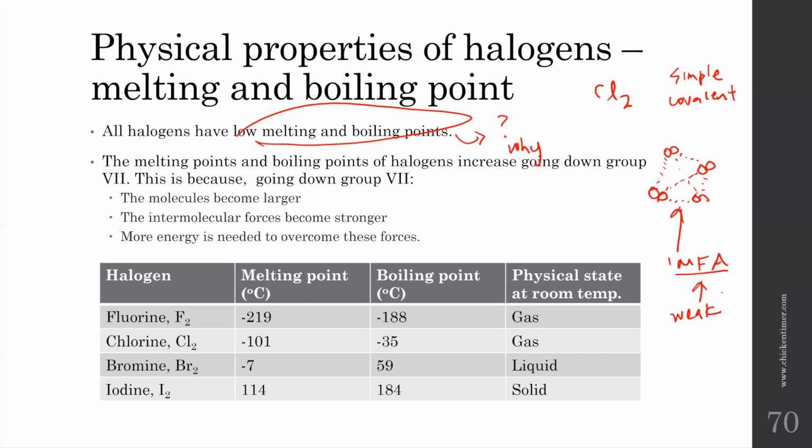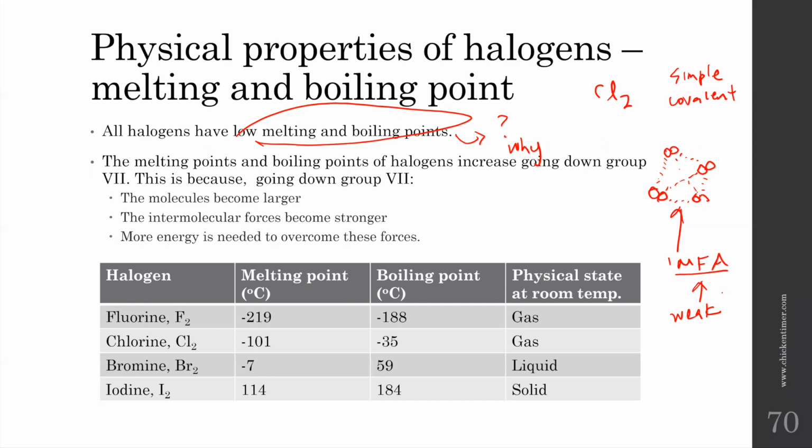So in order to overcome the weak intermolecular forces of attraction, to melt chlorine or to boil chlorine, a small amount of energy is required to overcome this weak intermolecular forces of attraction. So therefore, the melting and boiling point of chlorine is low.